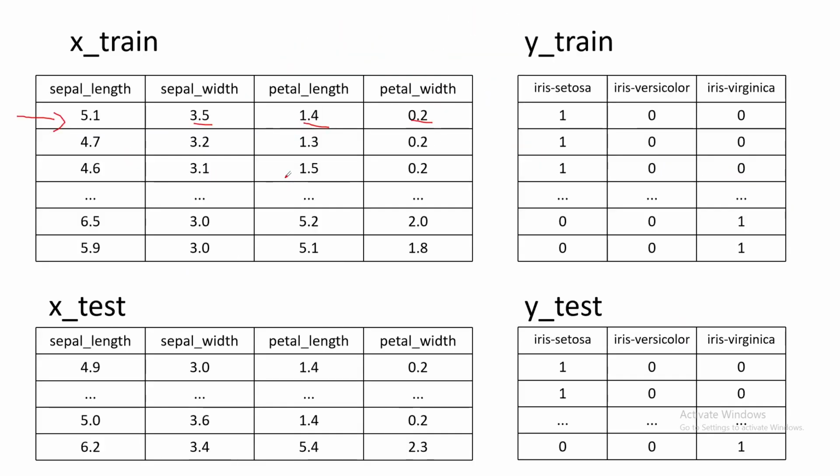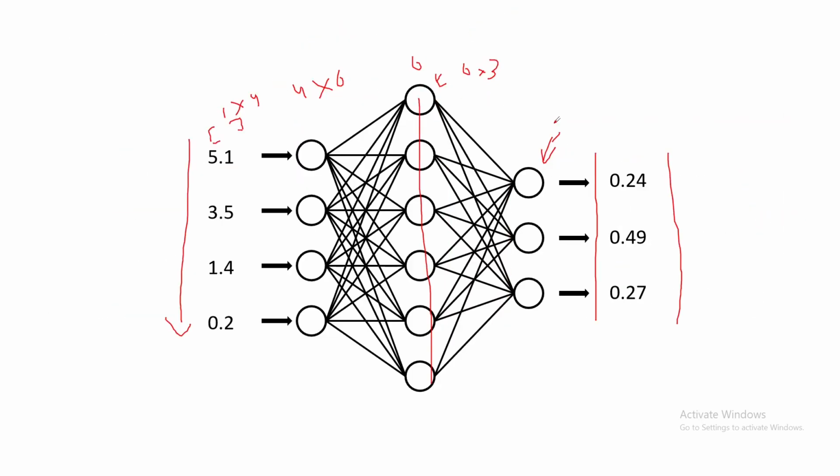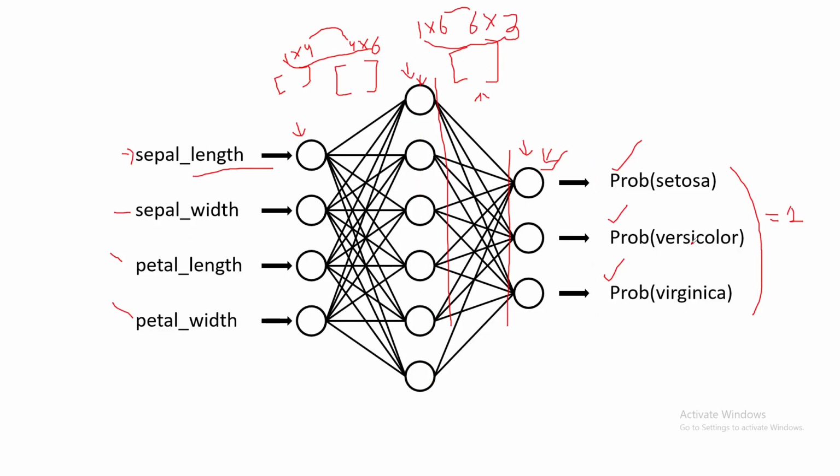But remember, in the data set we found that this particular sample in the training data set corresponds to setosa, but over here you can see the maximum value is coming from versicolor, which means this model, which hasn't been adequately trained, is considering that this sample actually belongs to the versicolor class.